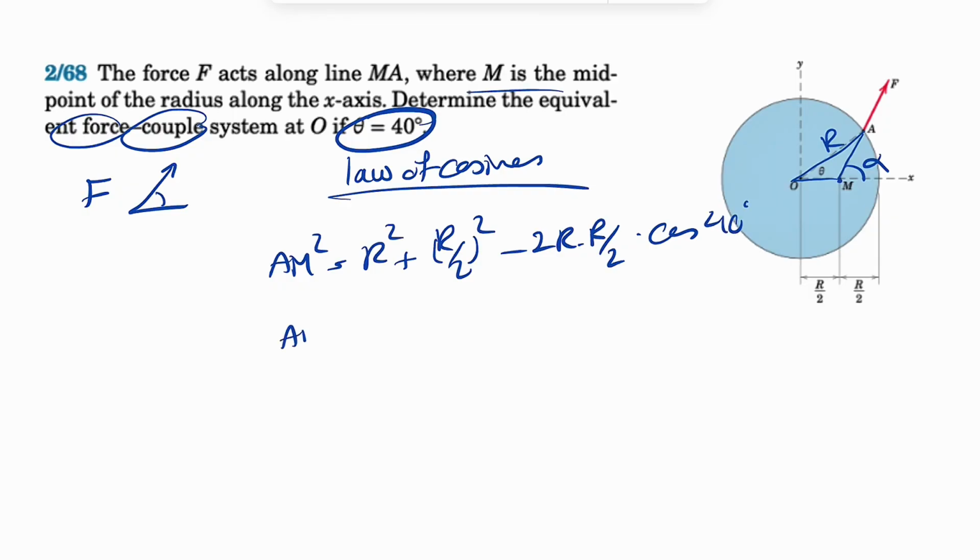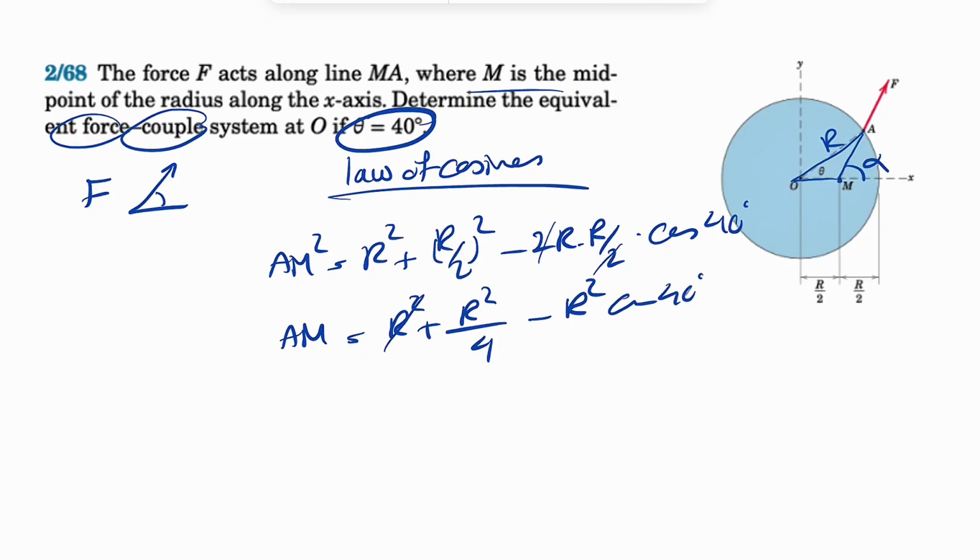This is going to give us the AM. So we have R squared plus R squared divided by 4, minus R squared cosine of 40 degrees.